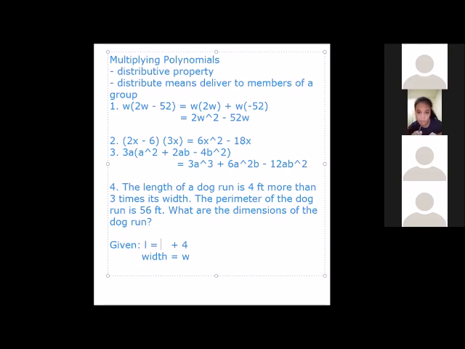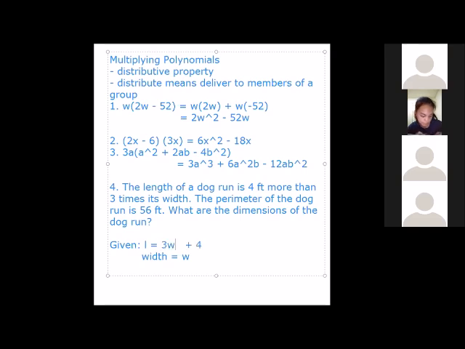Okay? So let us go back to the width, which is not given. So we let it as W. And then our length again says 4 feet more than 3 times its width. So 4 more than is plus 4. 3 times its width means if we had the width W, 3 times W is equal to 3W.